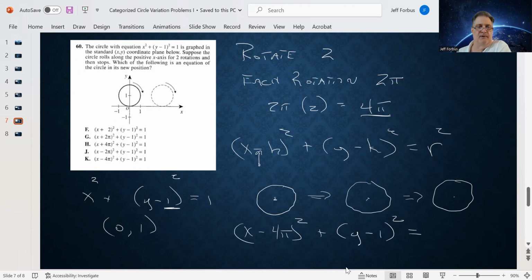And they tell us what the radius is here. Radius squared is 1. So therefore, we're going to choose answer choice K. Minus 4 pi, minus 1, is 1. So K. There you go.